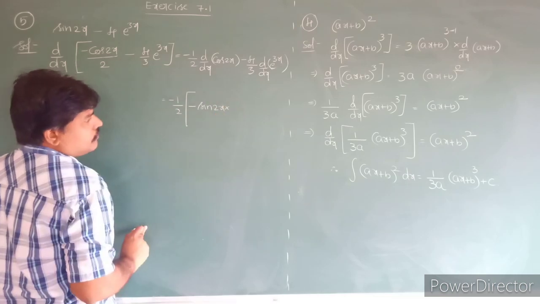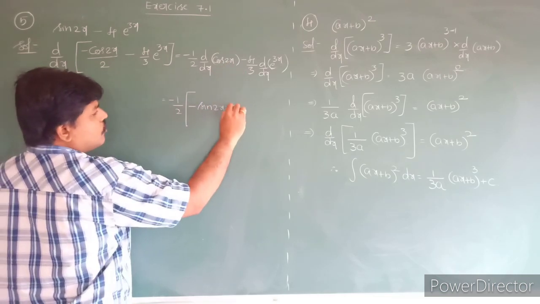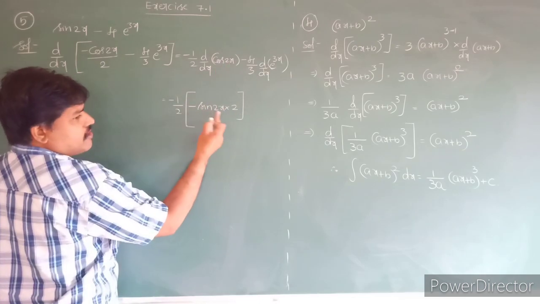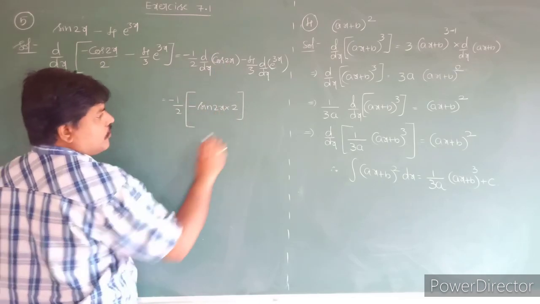Into the derivative of 2x, which is 2. Cos 2x derivative is minus sin 2x, and 2x derivative is 2.